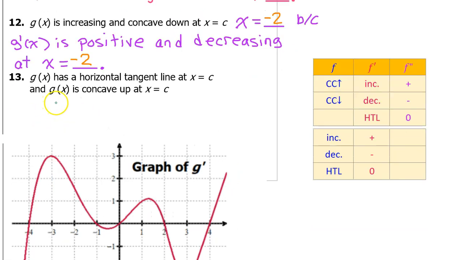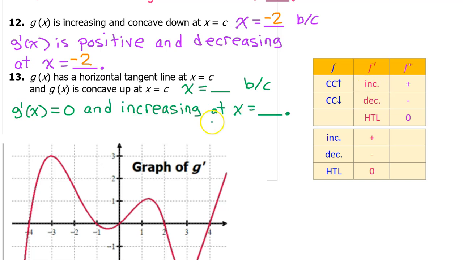For number 13, we need to find where g of x has a horizontal tangent line and is concave up. Linking back to g prime, g of x will have a horizontal tangent line when g prime is equal to 0. G of x will be concave up when g prime is increasing. So our answer will have the form x equals blank because g prime of x is equal to 0 and increasing at x equals blank.